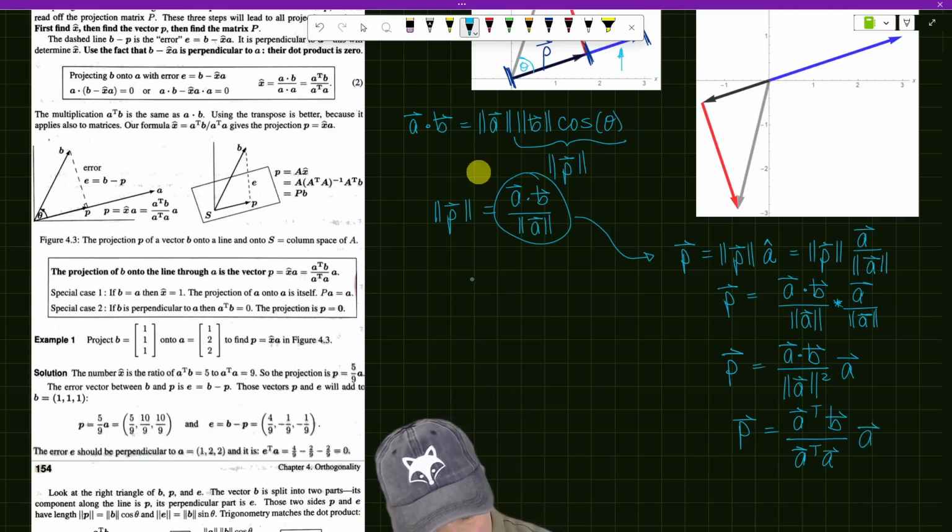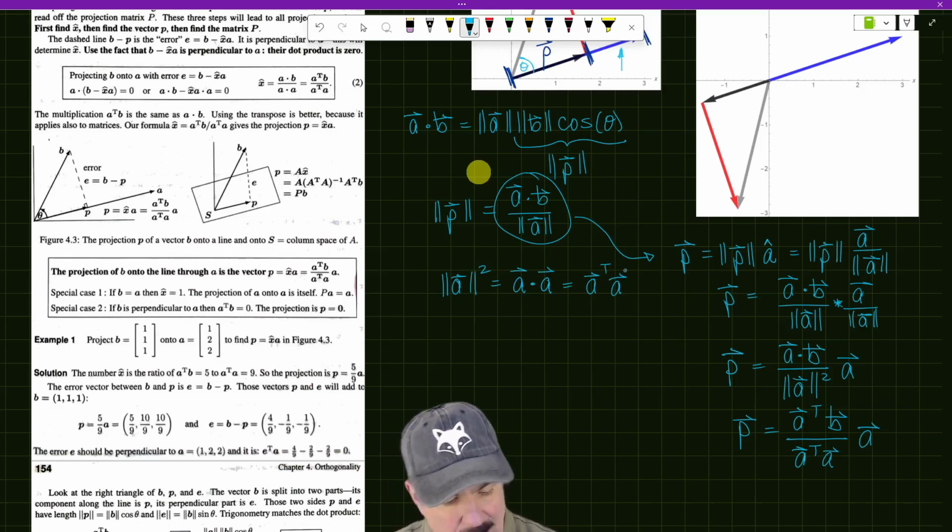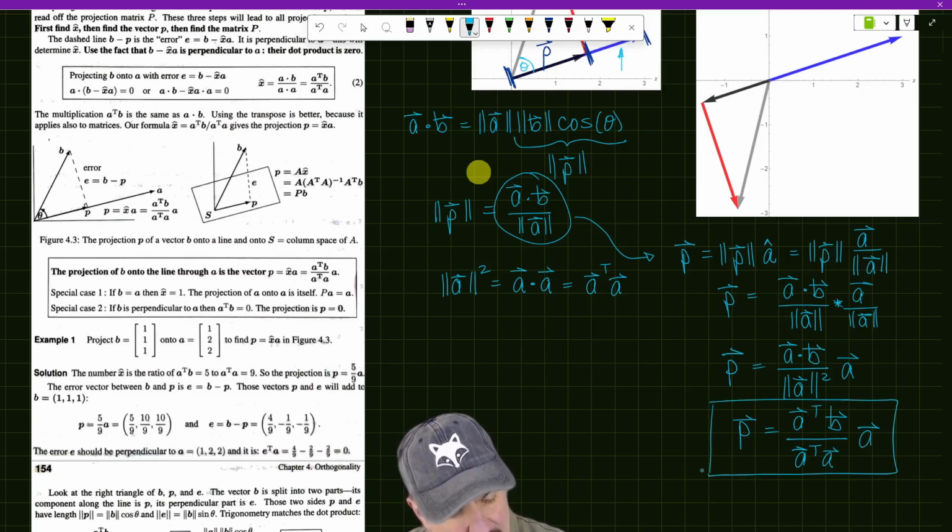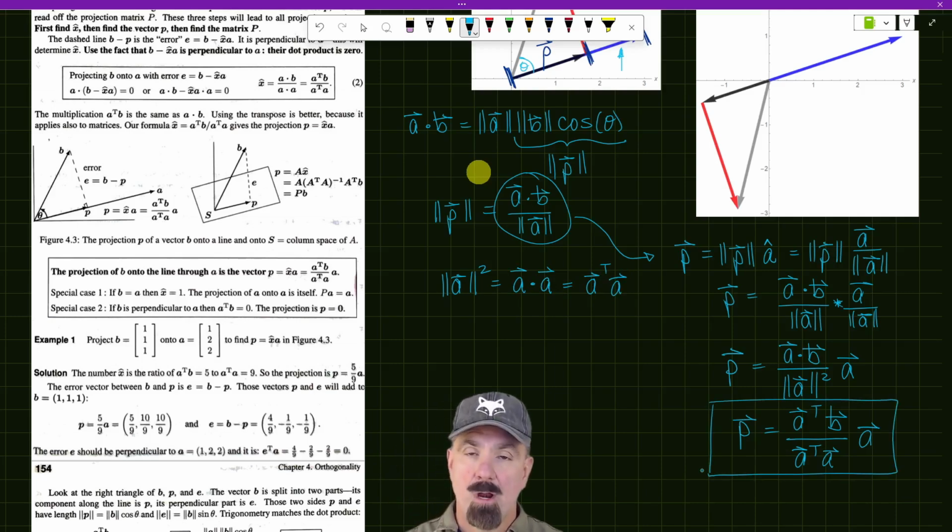And for the denominator there, remember, the magnitude of A squared is equal to the A vector dotted with itself. And now we're just writing that as the A vector transpose times A. So this is giving us, through dot products, what that projection vector is.